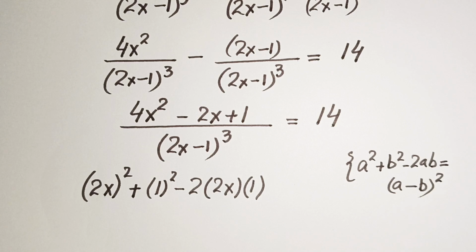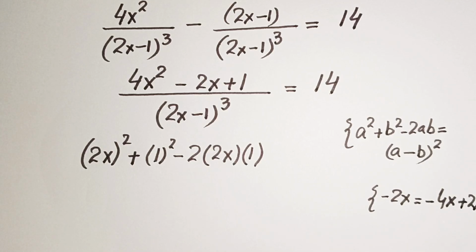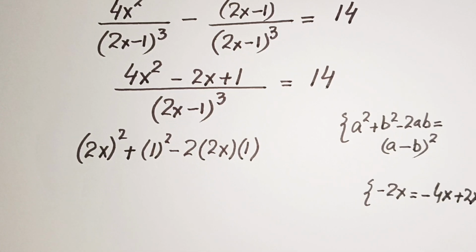When we multiply 2 times 2x, we get minus 4x, but here we have minus 2x, so we want to get minus 2x. For this purpose, if we add plus 2x here, then we get minus 2x.